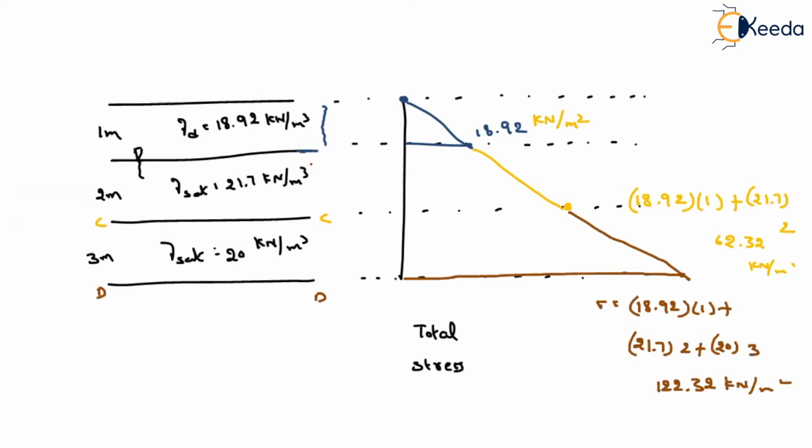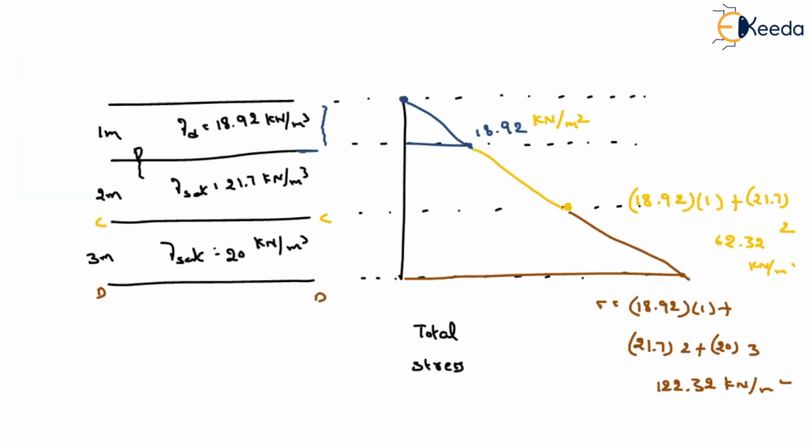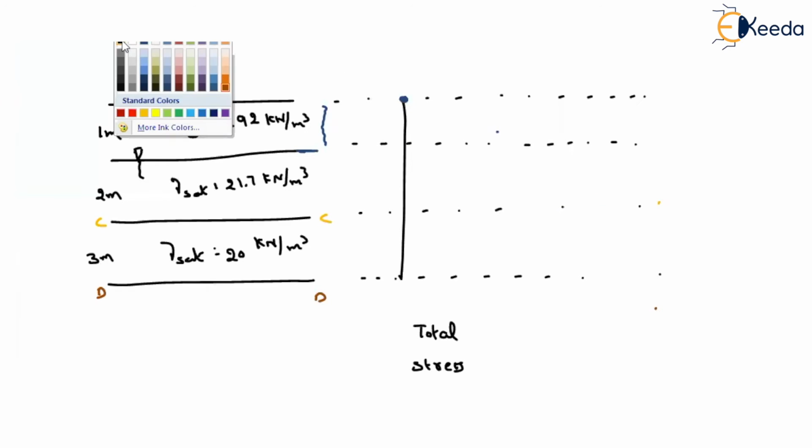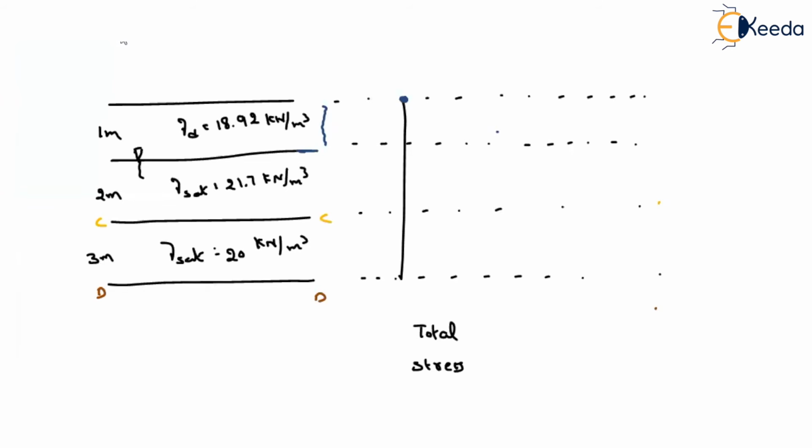Okay, now let's come to the pore water pressure, right? So if I come to the pore water pressure, imagine that I am drawing in the same diagram itself. As we told you, wherever you need the pore water pressure, you have to keep the piezometer at that point, and then you have to imagine up to how much the water level will increase.